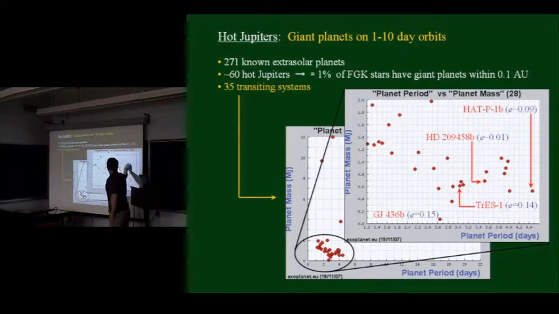Here's the most famous of the transiting planets, HD 209458b. I think most people would say that its eccentricity is consistent with 0, but you can't rule out an eccentricity on the order of 0.01 to 95% confidence. So it may well have an eccentricity at that level.